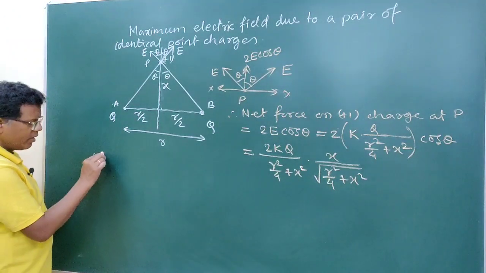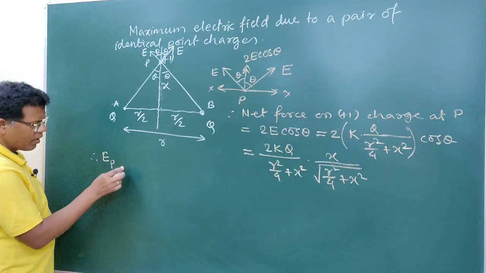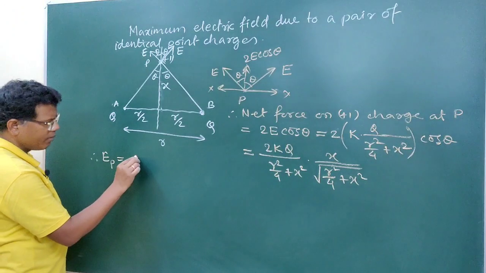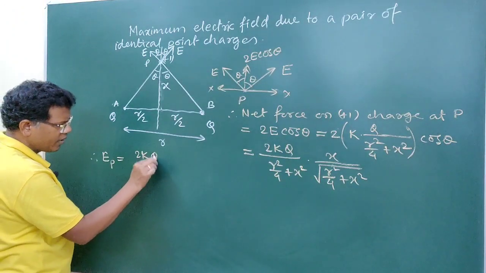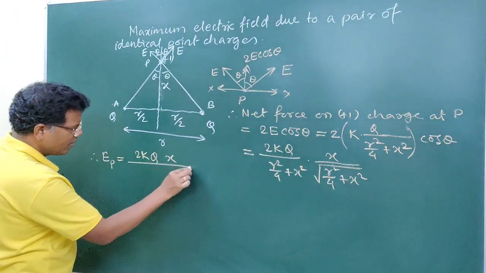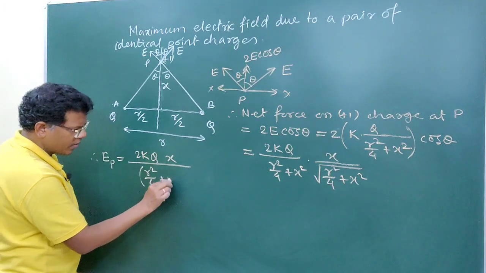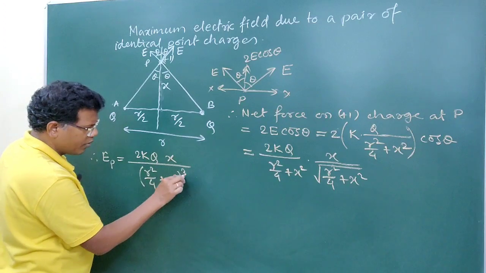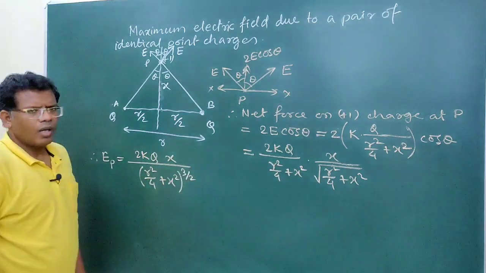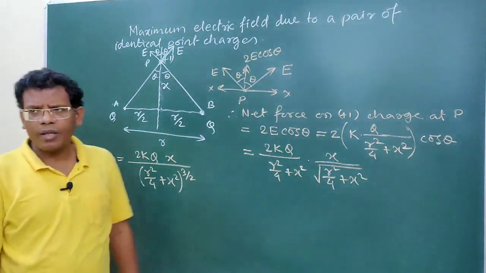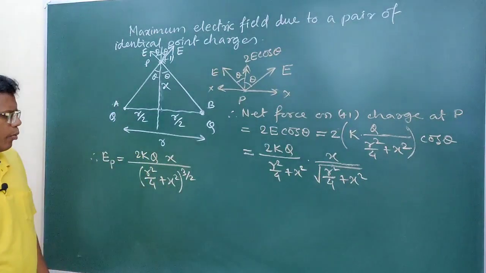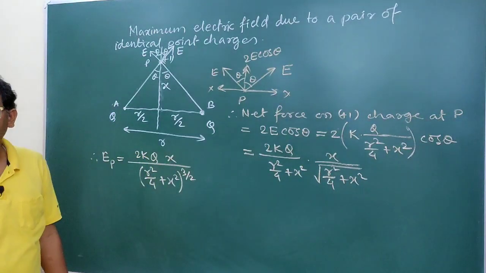So finally net force on plus 1 charge at P can be simplified like this: 2kq into x divided by r square by 4 plus x square power 3 by 2. Now this expression includes the variable term x both in numerator as well as in denominator.